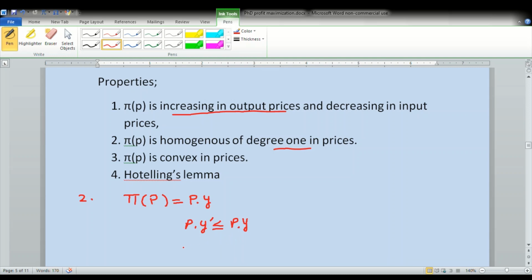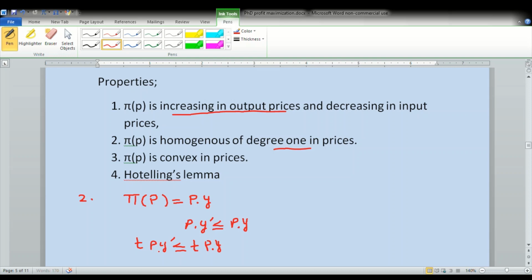Now if I multiply both sides by a scalar quantity t greater than 0, the left hand side becomes t times p dot y dash, which is equal to or less than t times p dot y.